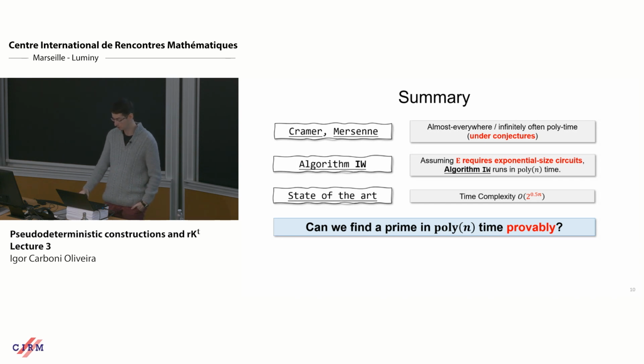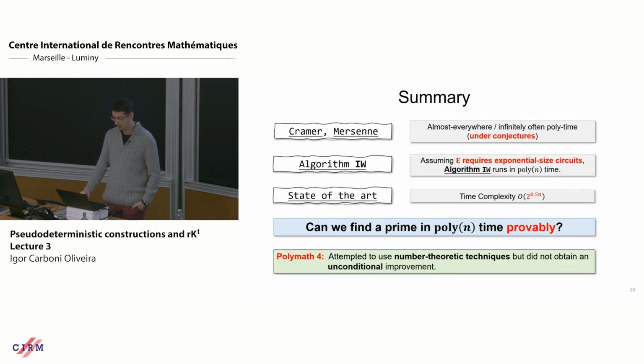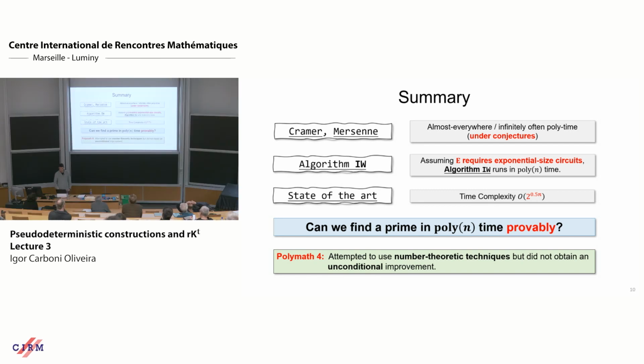That's what we would like to do. And this is a very fundamental question. It was the topic of a polymath project many years ago, where they mostly explored number theoretic techniques trying to make progress, but unfortunately, no unconditional improvement was obtained at the time. So this remains a very difficult question to do deterministically in less than 2^(n/2) time.